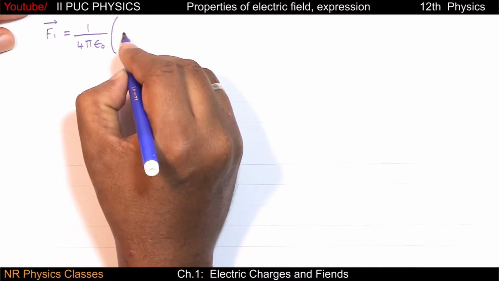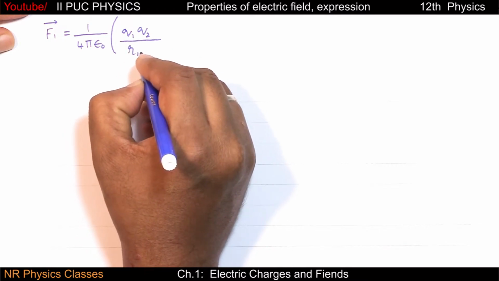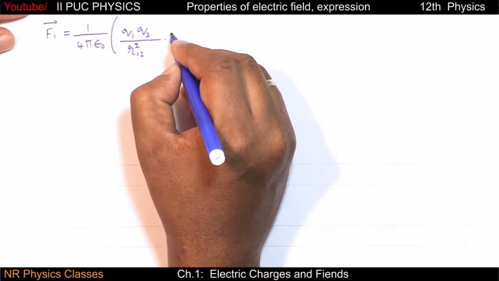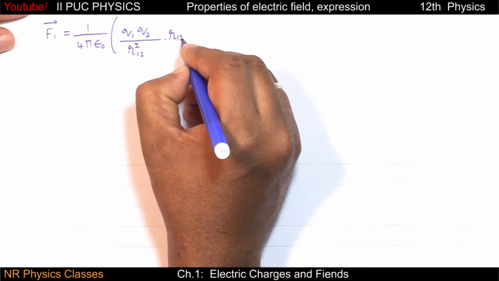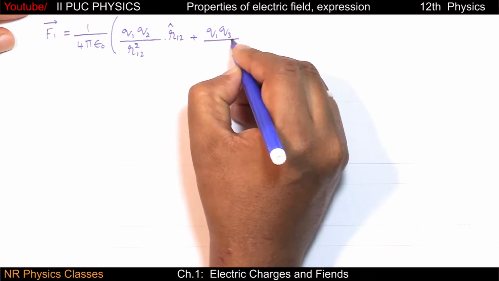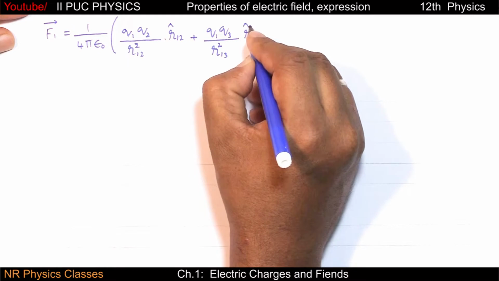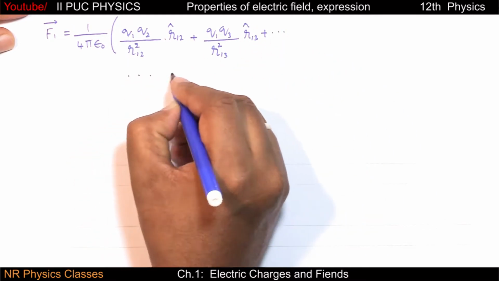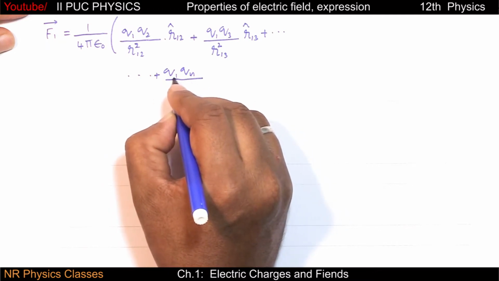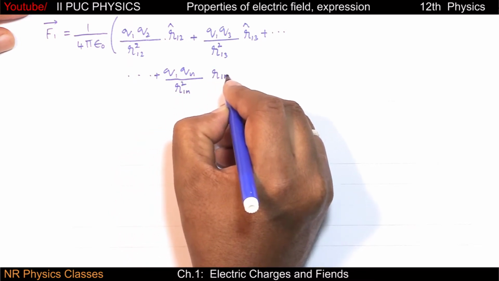Remaining is Q1 Q2 by R12 square, into, since it is a vector, there should be a unit vector which gives direction, R12 cap, plus force between Q1 and Q3, so it is Q1 Q3 by R13 square, R13 cap, plus Q1 Qn, force between Q1 and Qn, the last charge, by R1n square into R1n cap.